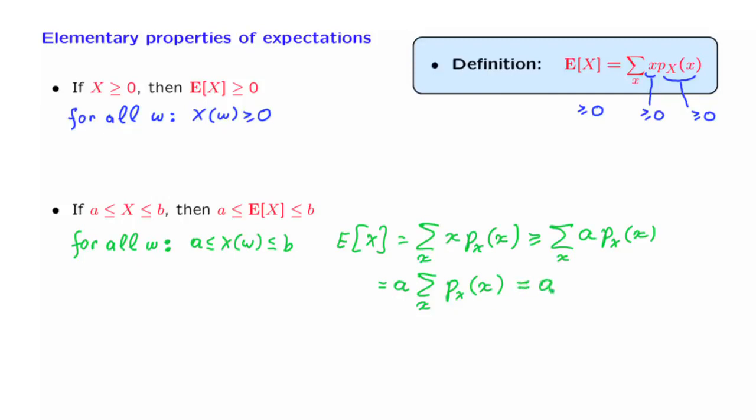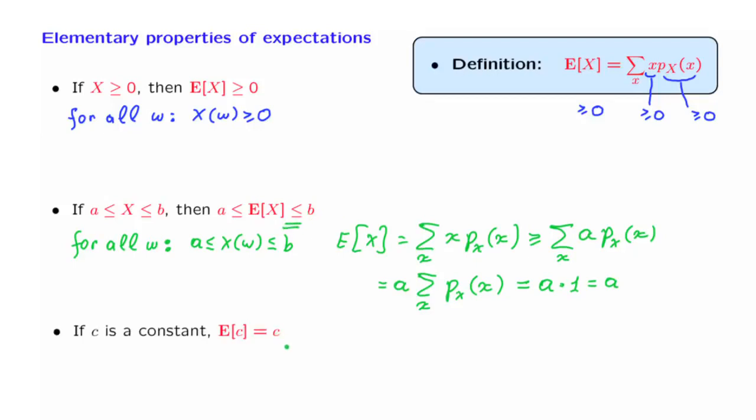So we obtain a times 1, which is a. So what we have proved is that the expected value is at least as large as a. You can use a symmetrical argument where the inequalities will go the opposite way and where a's will be replaced by b's to prove the second inequality as well.